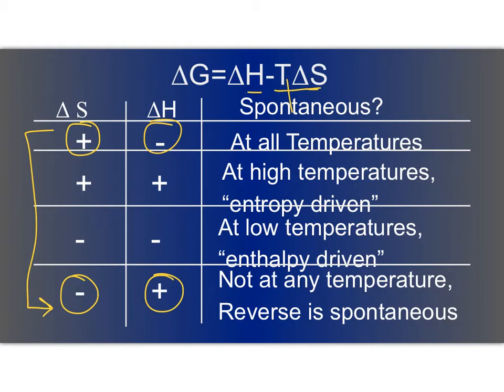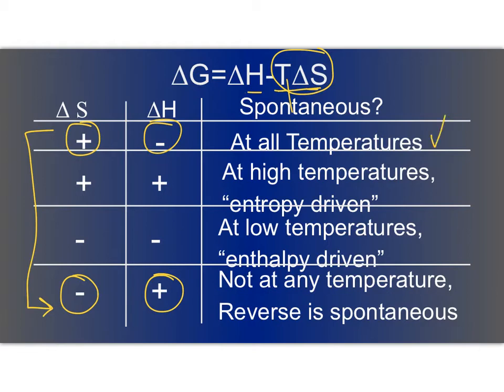If our delta H was very high and our T delta S was very low, then the reaction would be spontaneous. Delta G would be negative. So we say if the temperature is really low, then the delta H would control delta G being negative. We would then say the reaction is enthalpy driven.